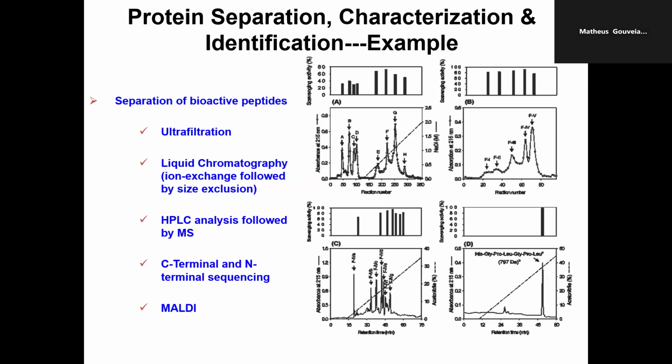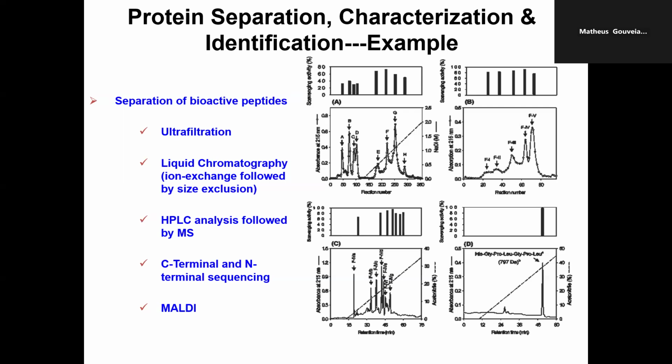So you do ultrafiltration, you get the permeate that goes through, and then now you want to purify. So we do liquid chromatography. You can do size exclusion first or ion exchange first. It doesn't matter. You can do ion exchange, then size exclusion, or the opposite. So if you do, let's say, ion exchange first, you separate and then you take each fraction and you measure antioxidant activity.